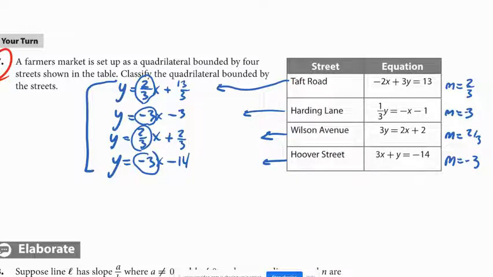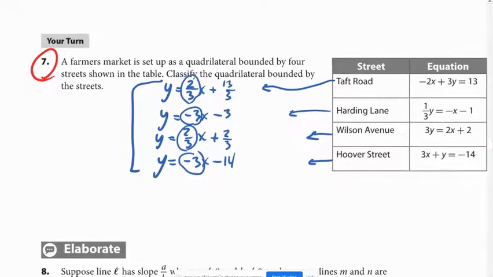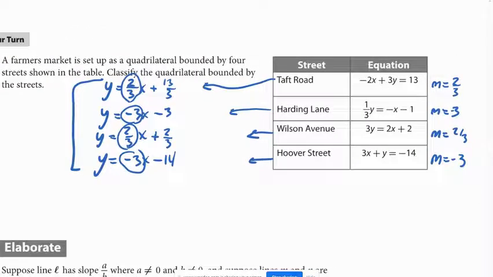So these do not form right angles. So this can't be a rectangle. But if we drew a diagram, our slope here is 2/3 and our slope here is 2/3, and our slope here is -3 and our slope here is -3. So those are not perpendicular, but the opposite sides have the same slope, so this must be a parallelogram.